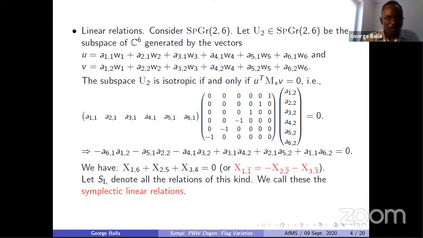Okay. So for now, we have not made everything explicit, but let us denote all relations which are raised this way by SL, and we call such relations symplectic linear relations.